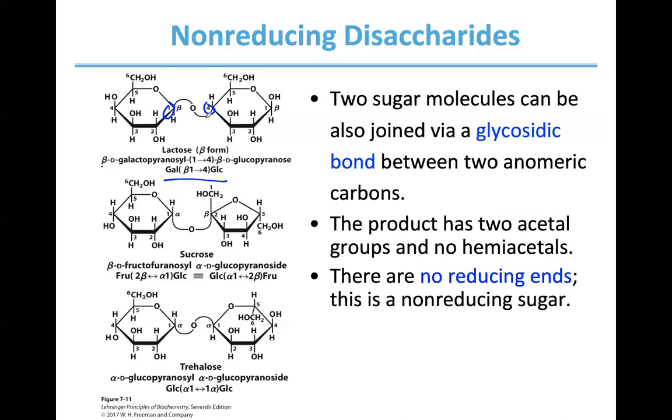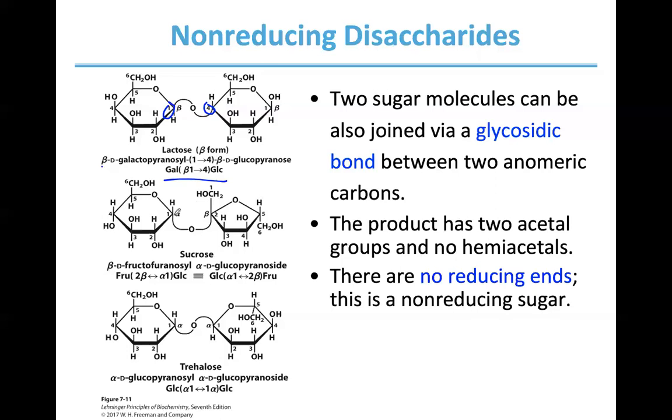In adults, once we reach adulthood, or even before that, many of us lose the enzyme and become lactose intolerant. So the beta glycosidic linkage is much more stable than the alpha one. Just keep that in mind, and we'll talk about the reason for that a little later.